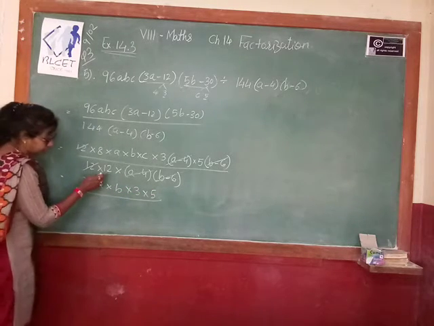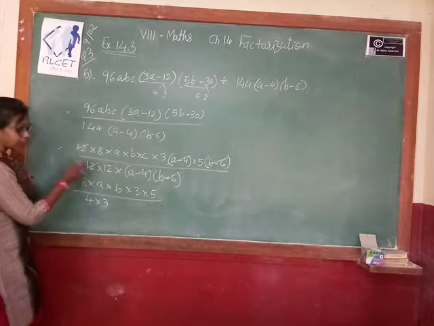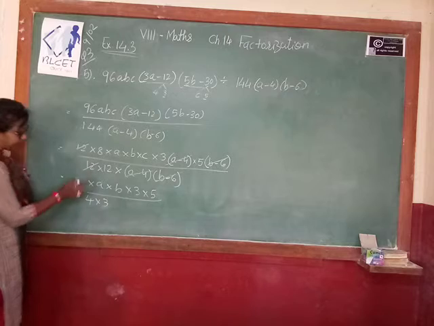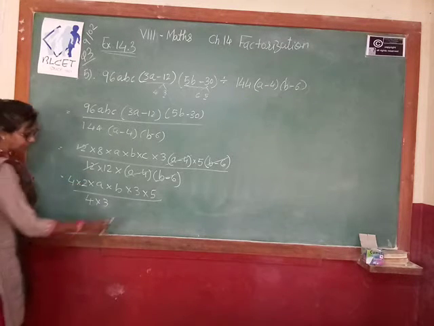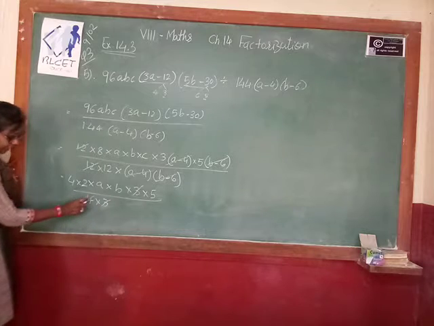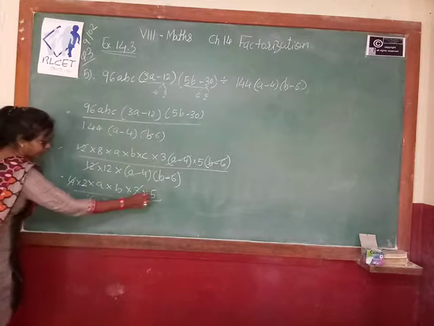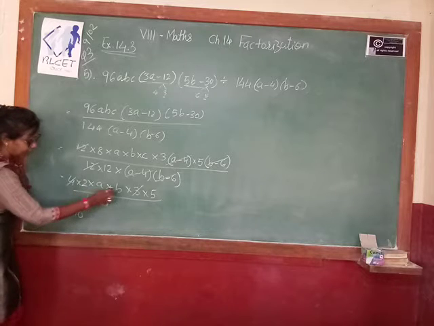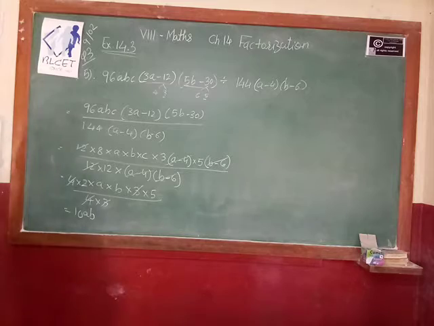Can we write for this 12 as 4 into 3? Because only one 12 is left. Can we write in place of 8, that is 4 into 2. So now this 3 gets cancelled and 4 also gets cancelled. So now what is left? 2 5s are 10. a into b, that is 10ab. So this way we can do the division.